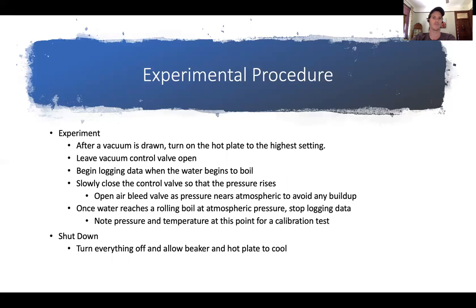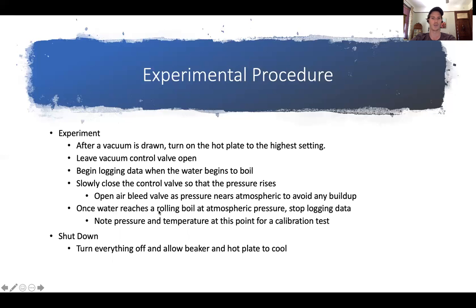So we draw the vacuum as described in the previous slide. Then we turn on the hot plate to its highest setting. We want to leave our vacuum control valve open and then begin logging data when the water begins to boil. Then we want to slowly close the control valve so that the pressure rises back to atmospheric pressure, and we open the air bleed valve so we avoid any pressure buildup.